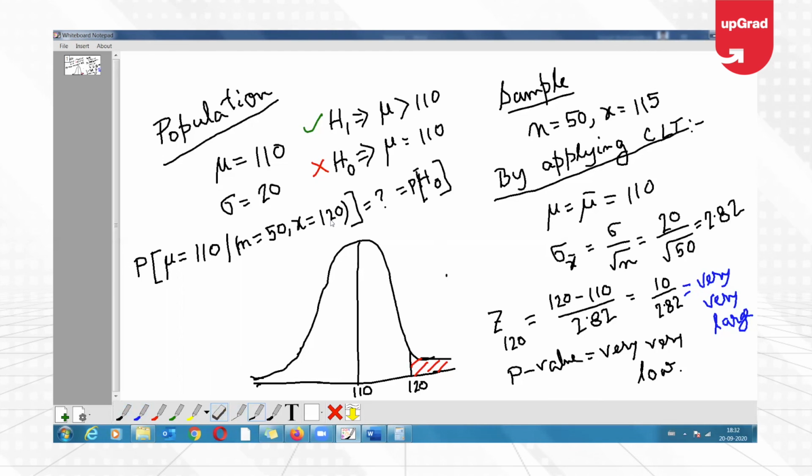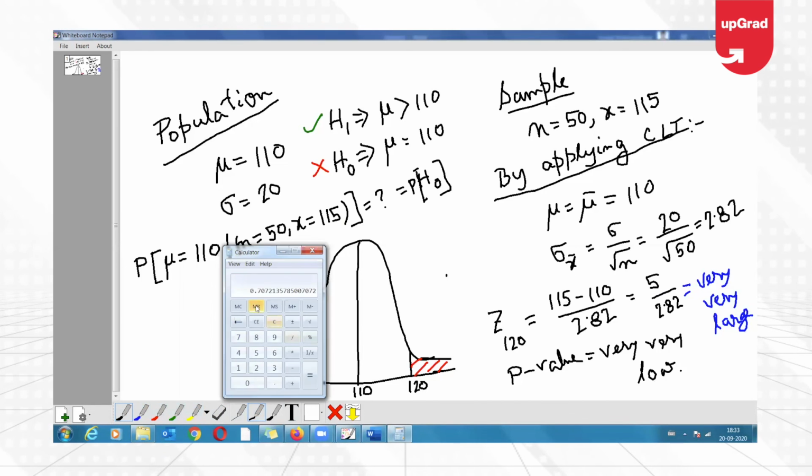So in that case, this is 115, so this is 5 by 2.82. So 5 divided by 2.82 is 1.77.